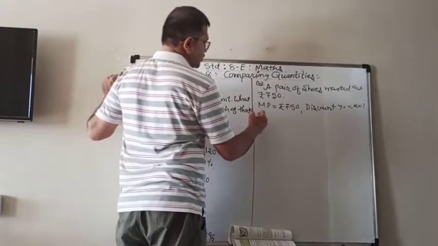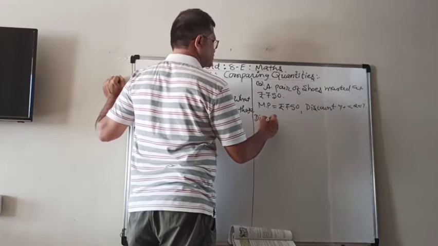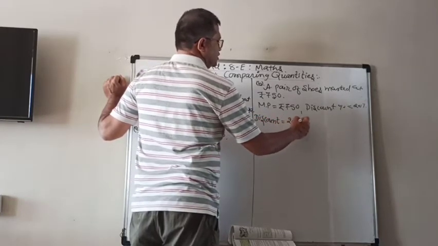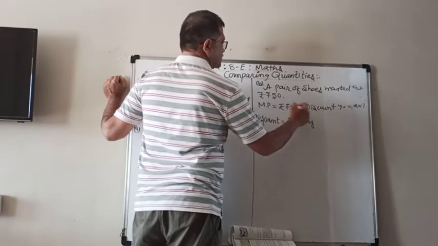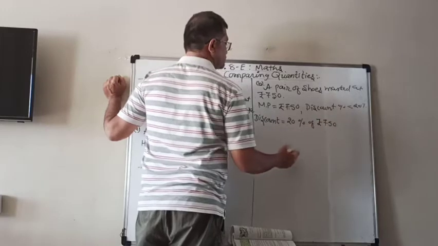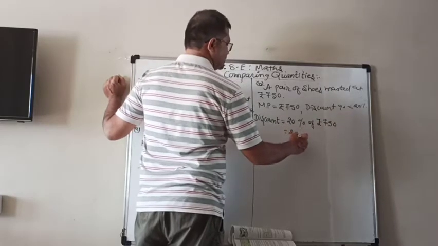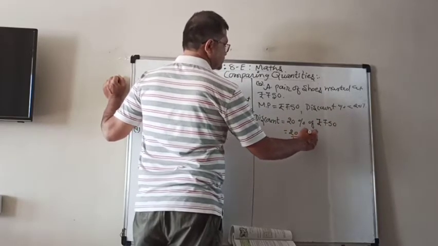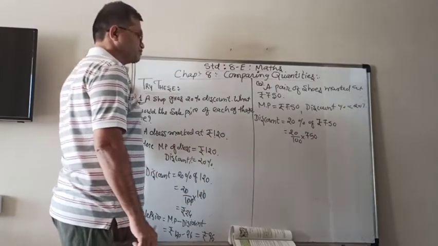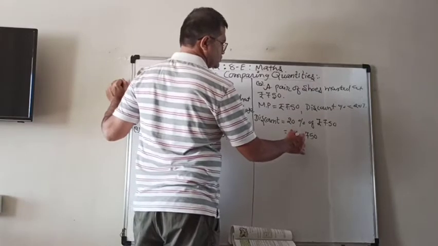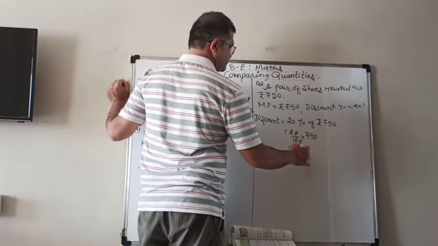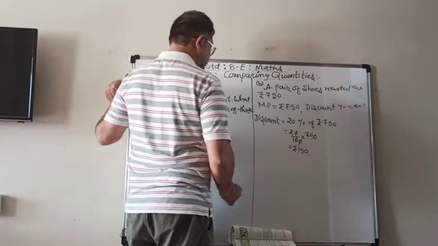So now the discount we have to find first. So discount is equal to 20% of rupees 750, is equal to 20 upon 100 multiplied by 750. So 75 twos are 150. So that is your discount.